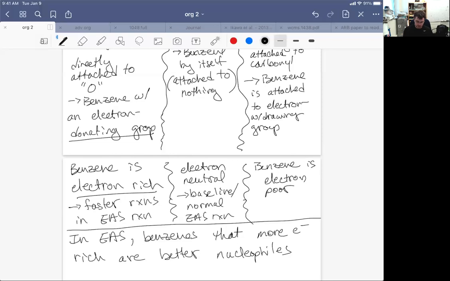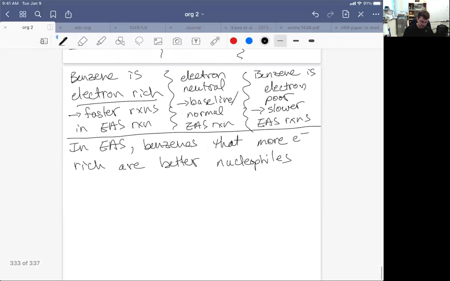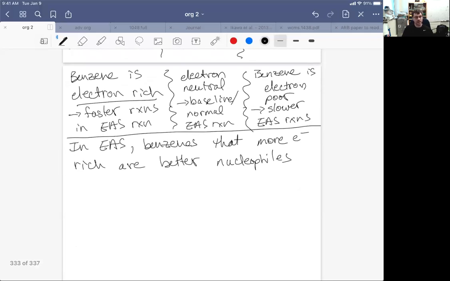But the electron poor benzene is going to have slower EAS reactions. So the electron-rich benzene, which received its electrons from the donating group, is going to react quickly in an EAS reaction, much more so than benzene, and much more so than when it's attached to an electron withdrawing group.